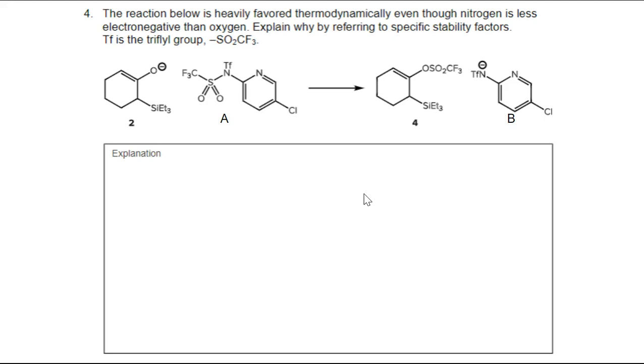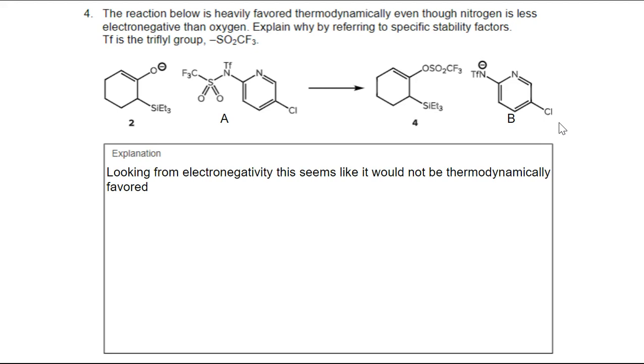If we look at electronegativity, it almost seems counterintuitive, because you would generally think that it would be favored in the backwards direction, since the oxygen is more electronegative than the nitrogen. In 2, the oxygen bears the negative charge, and in B, the nitrogen bears the negative charge, which seems a little bit counterintuitive.